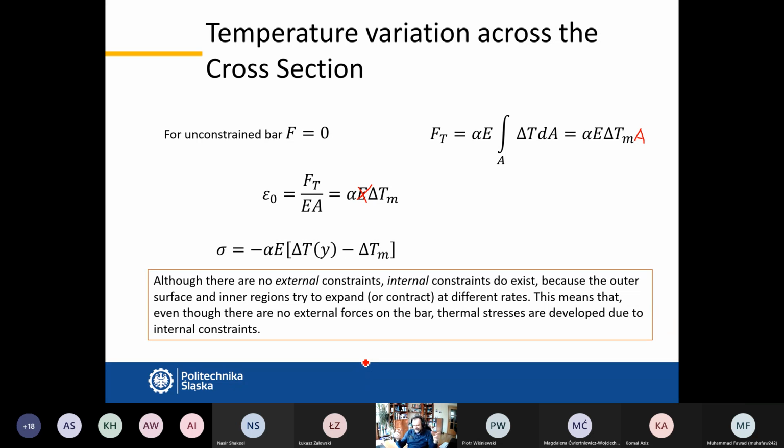There will be a slightly different story if the temperature distribution is not symmetric. A bending will occur in such a situation, but we'll discuss it in a moment. So this is the reason. The distribution of temperature inside the body will result in thermal stress as well, even if there are no external constraints.